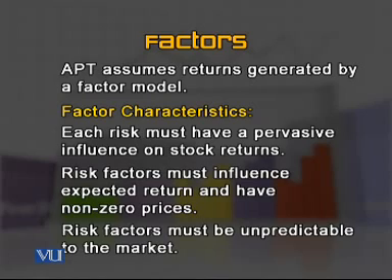These have to be taken into account, and that is why we must understand that risk is one factor. Risk factors must be able to influence expected returns and have a non-zero price. These are the factors that the arbitrage pricing theory assumes, and the assumptions of the APT are based on these factors.